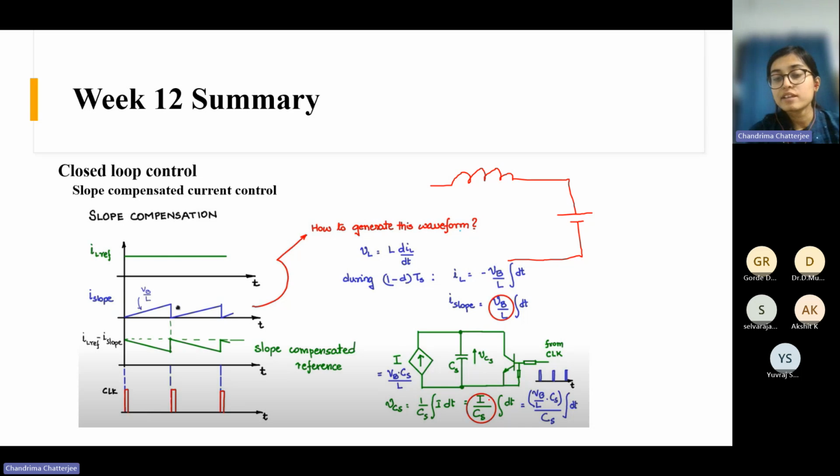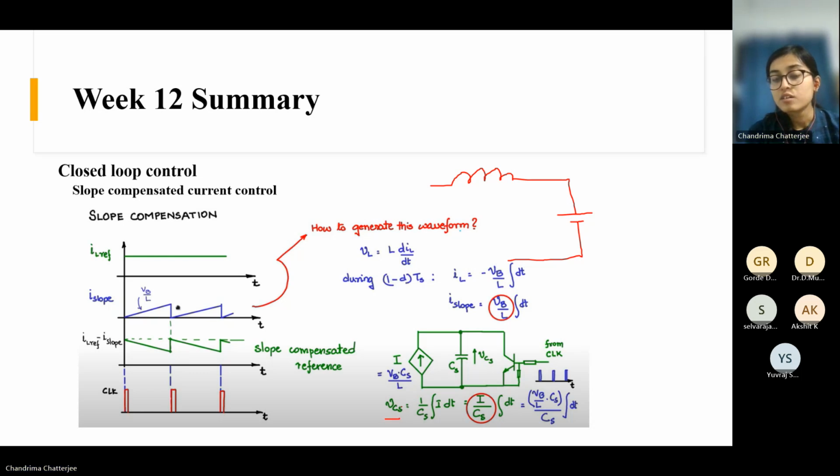Now, if you arrange a current source over here, and then a capacitor and a switch like this, why we need the switch, I will tell. First of all, what is the voltage across this capacitor?